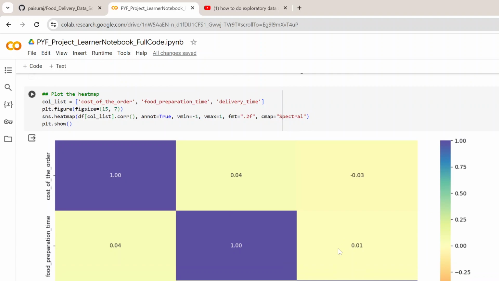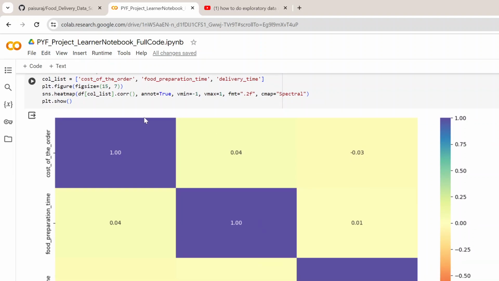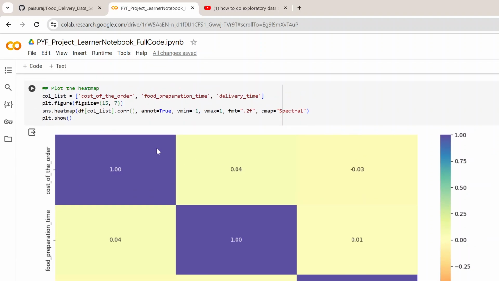Okay, so here we're getting into heat maps. Heat maps are a way of looking at the correlation, but in numerical values. As we plot the data, we can see that there isn't really a high correlation.